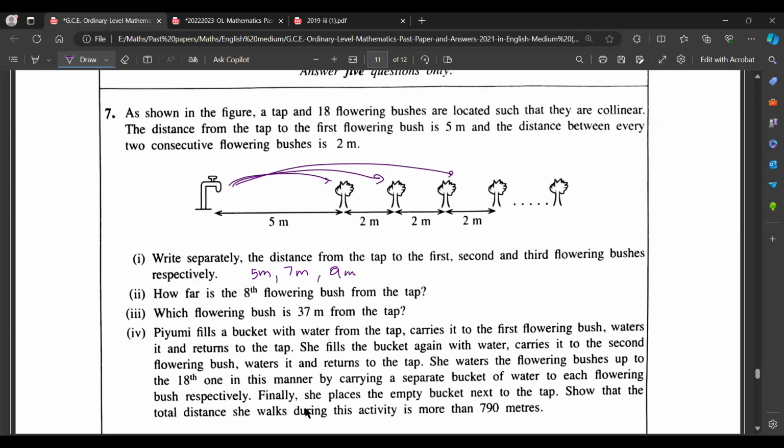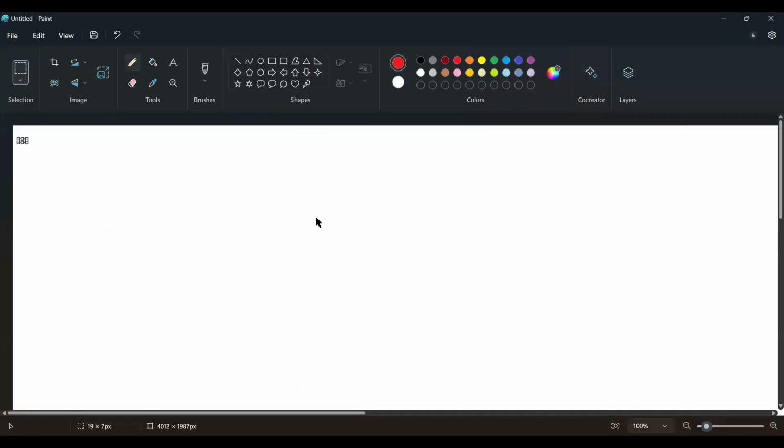So the number pattern should be 5, 7, 9, something like that. First of all, you have to imagine the number pattern. That's the first part.